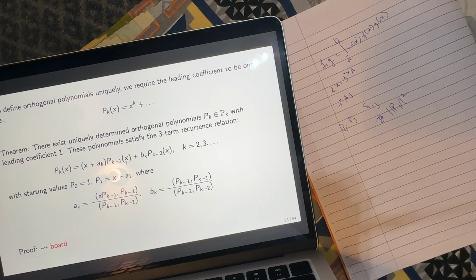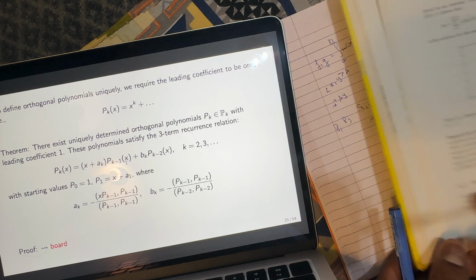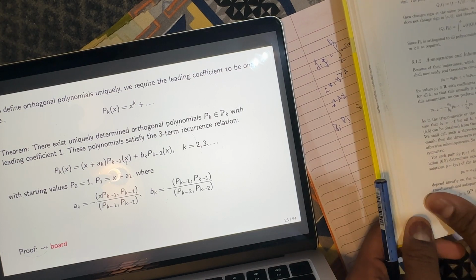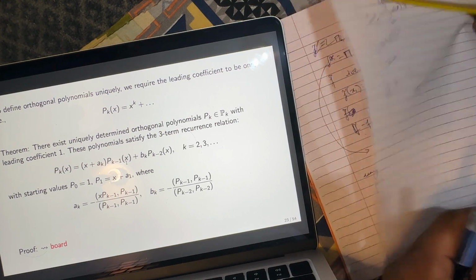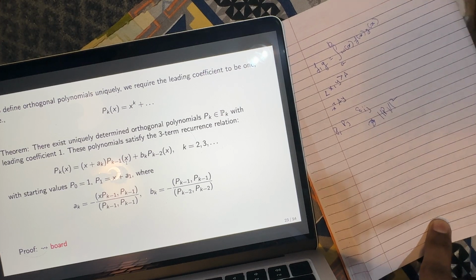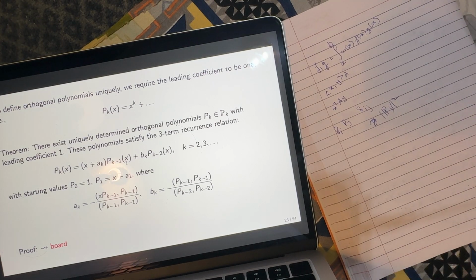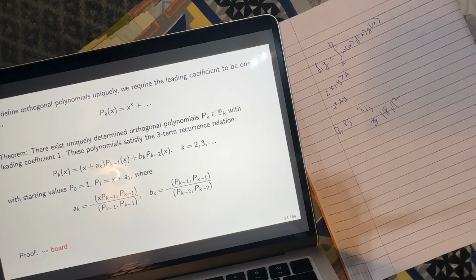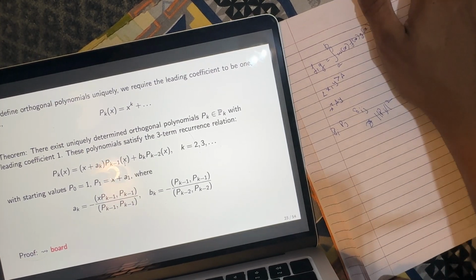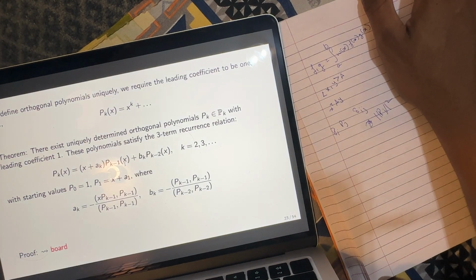Let me try to prove this. I understood the proof from the Doppel-Hart textbook. Alright.